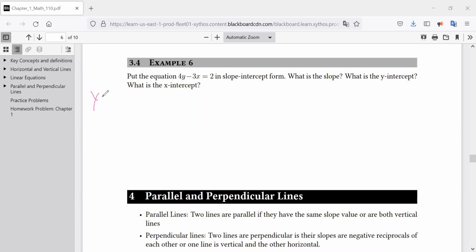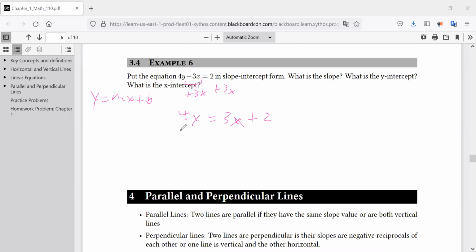Yeah, that's the final form that we want to get into, right? So what's the first thing that we should do to get that? Move -3x. Exactly. So we want to add 3x to both sides to get it over to the other side. So then that gives us 4y is equal to 3x plus 2.